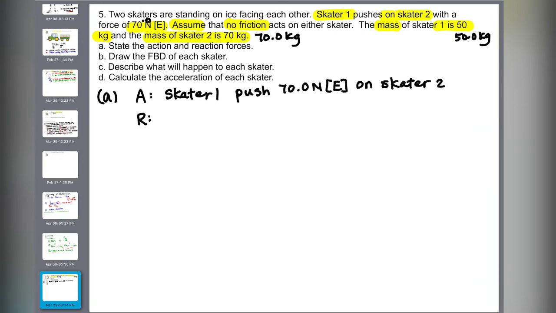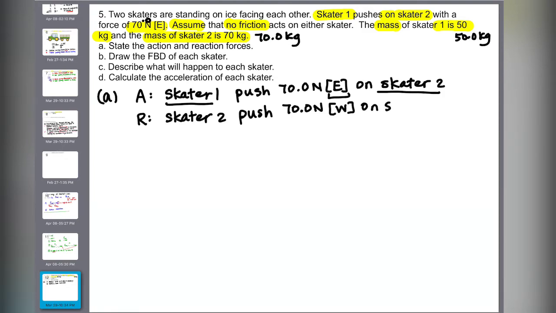The reaction force, remember we talked about this: we take the two objects, we swap them, and we change the direction to the opposite. So the reaction force is skater 2 now pushing with the same magnitude but in the opposite direction. So if it's east, now it becomes west on skater 1.